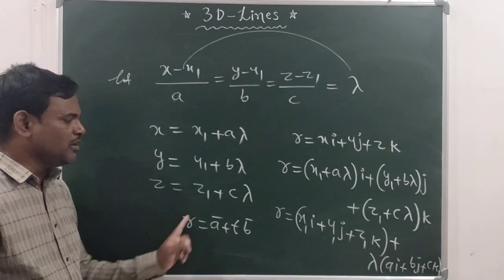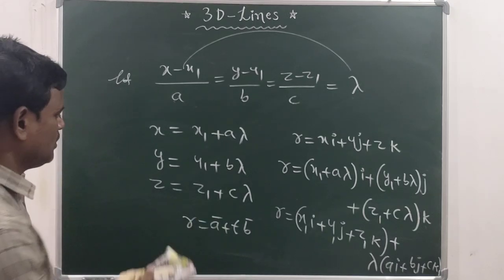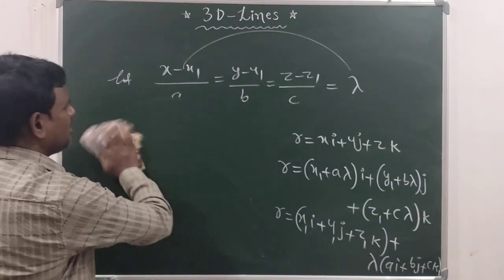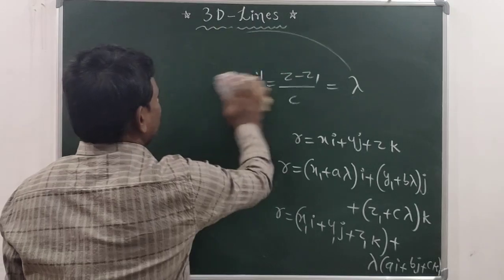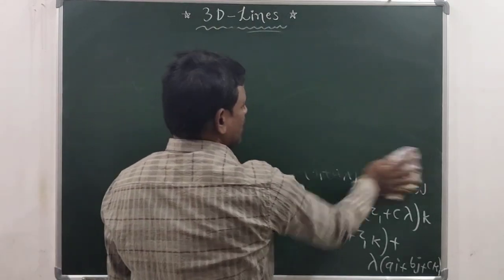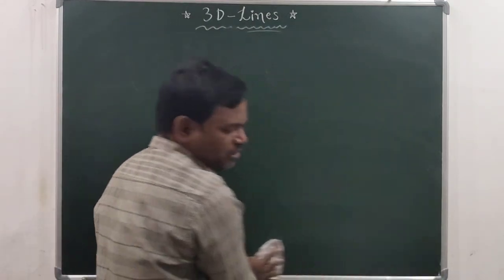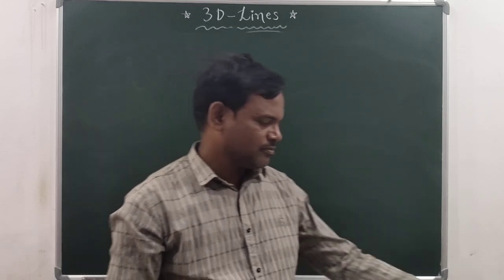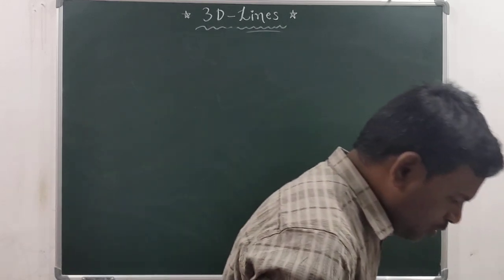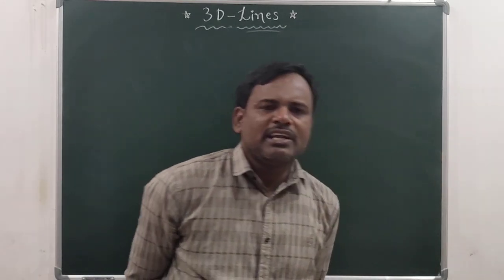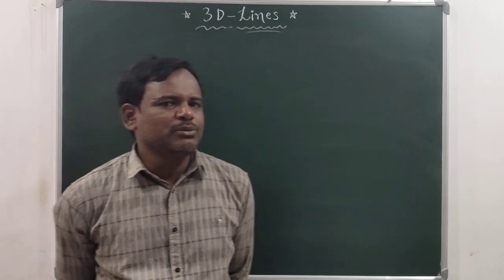Okay students, I hope you have understood this. Now let us learn how to convert unsymmetrical form of a 3D line into the symmetrical form.